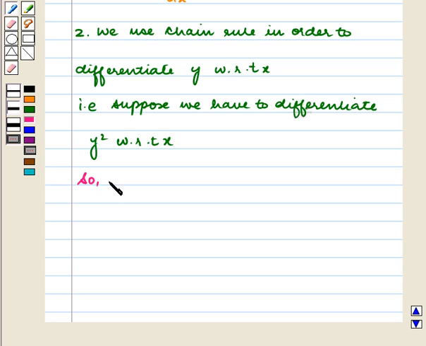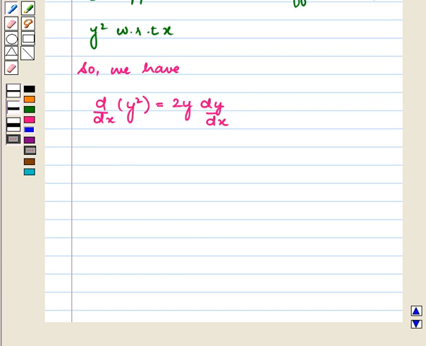So, we have d by dx of y square equal to 2y dy by dx. Here, first we differentiated y square and using chain rule, we differentiated y with respect to x.